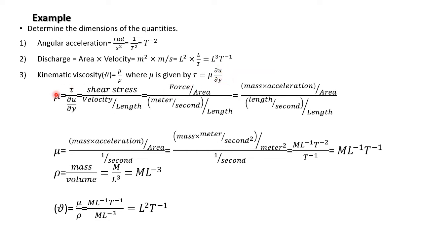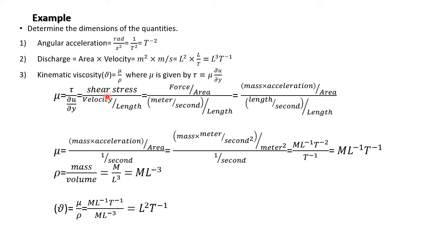So mu is equal to tau divided by dou u by dou y. I can write this in terms of units as shear stress per velocity per length.